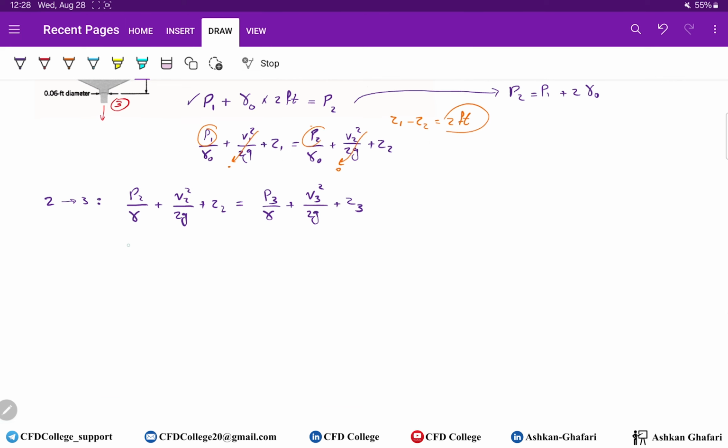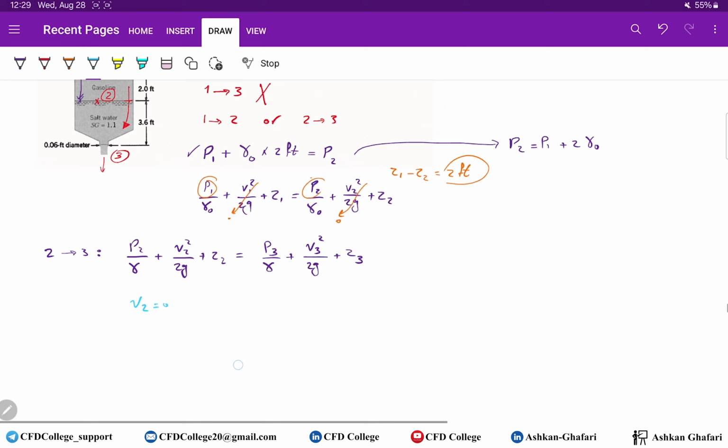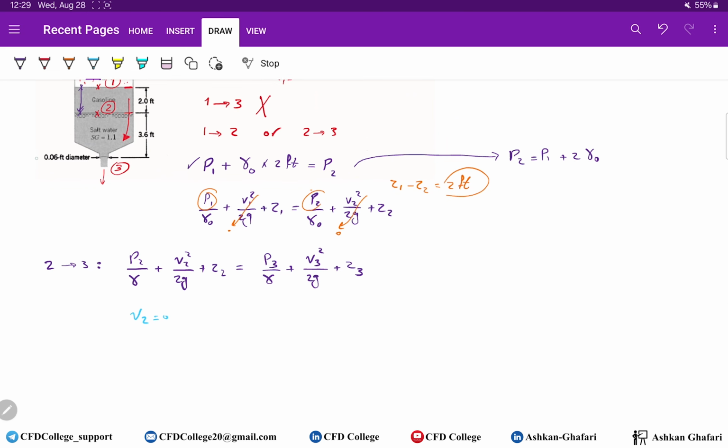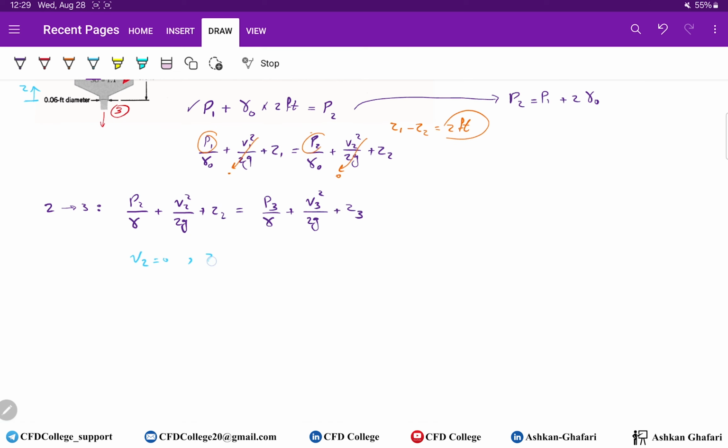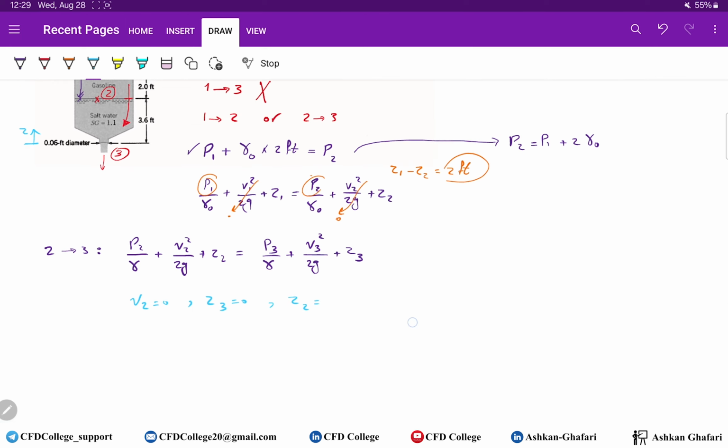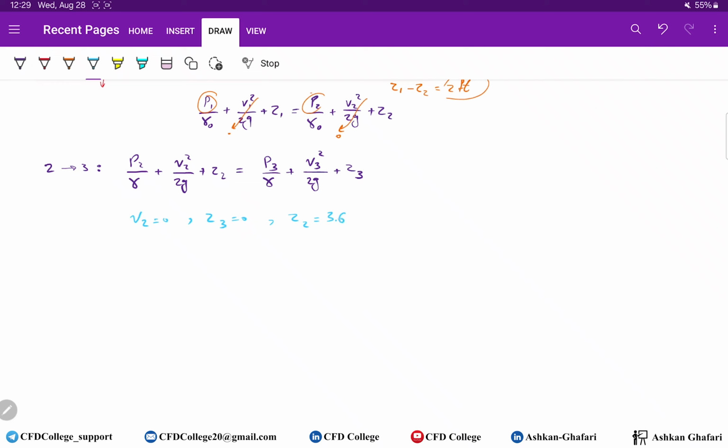Okay, what do we know? We know that V2, I should use the pen. V2 is 0, we know that, and if we put the z-axis here, Z3 is 0 while Z2 is 3.6 feet.